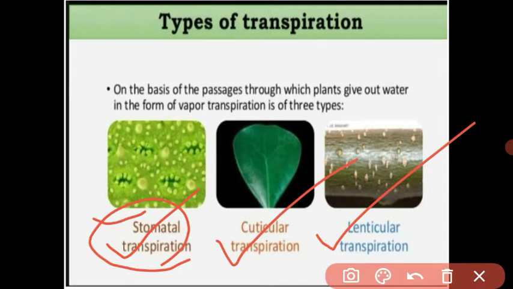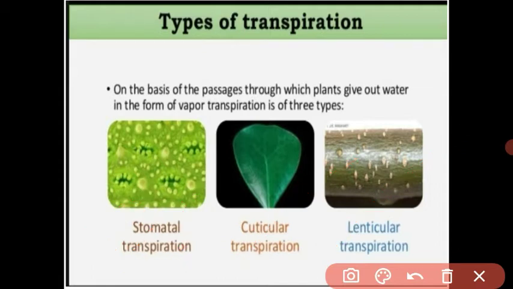The cuticle is the outermost waxy layer of the leaves. The main function of the cuticle, students, is to prevent water loss by evaporation. But sometimes a little bit of water is evaporated through the cuticle. This is called cuticular transpiration.